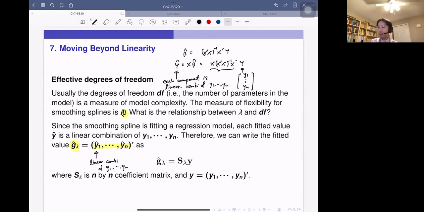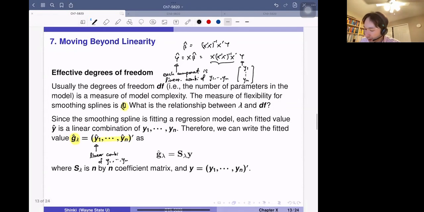Yeah, and we define the effective degrees of freedom as, okay, sorry, before that, we first represent y1 hat to yn hat as just a linear combination of y. So y hat is some matrix S sub lambda times y, and this depends on the value of lambda.